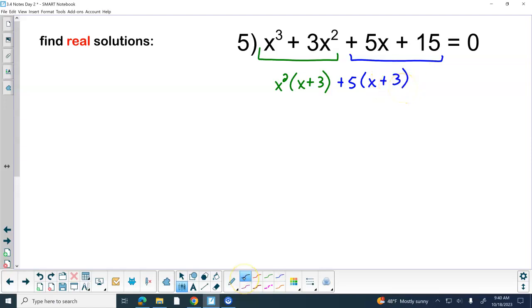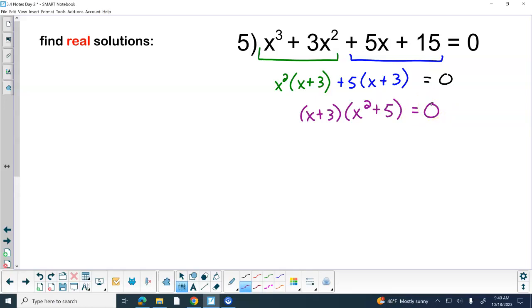And that's still going to equal 0. So then that factors all the way down to be x plus 3 times x squared plus 5 equals 0. Factored completely. Love it.